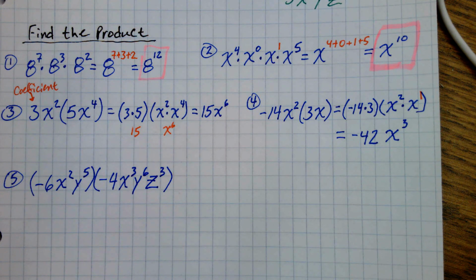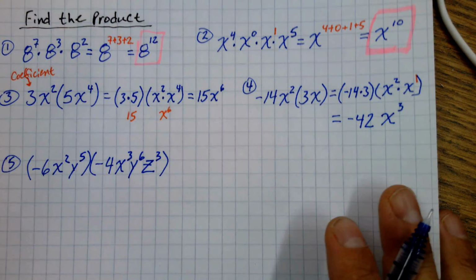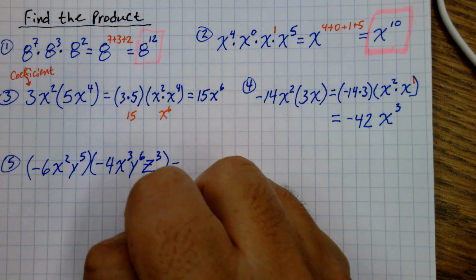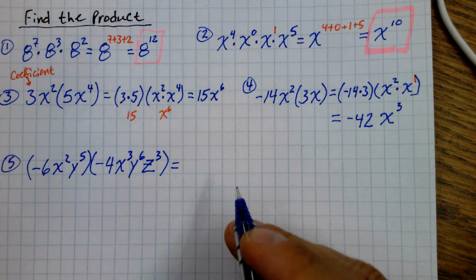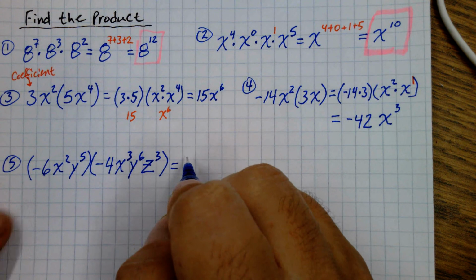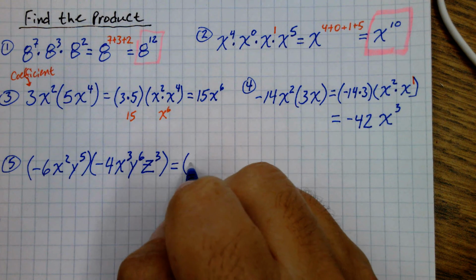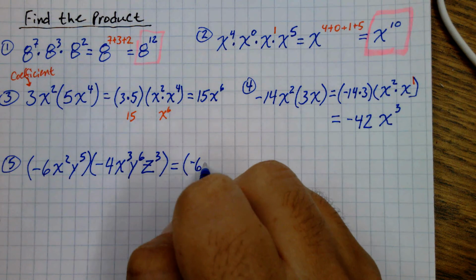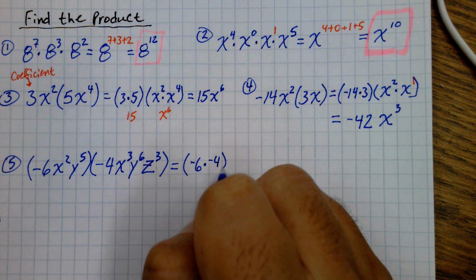Okay. So this time we have 3 different types of variables going on. We got x's, y's, and z's. Almost done. Okay. So let's see here. We got negative 6 times negative 4.